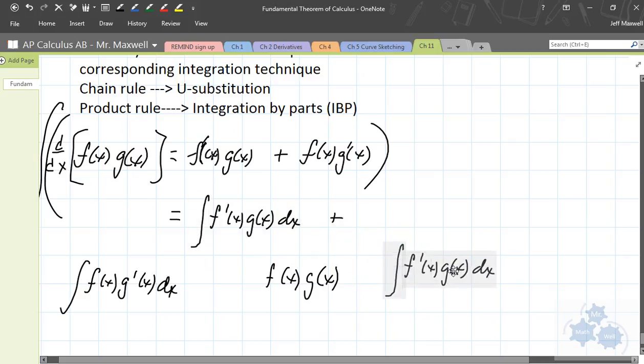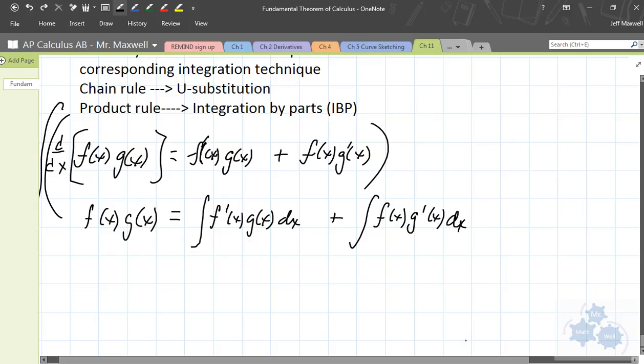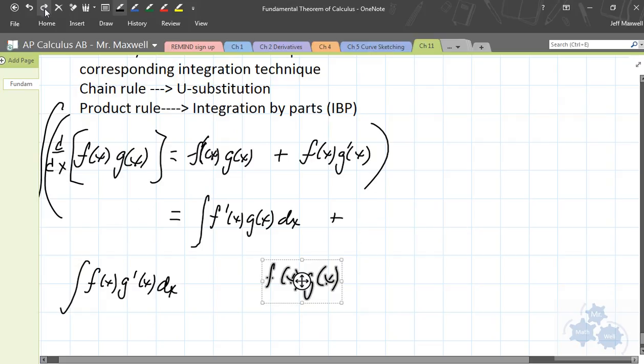This one I'm going to move over here because it's going to become negative. I'm sorry if this was a little bit confusing, but I'm just rearranging my original equation. Okay, so let's go back and see that. I'm pulling this over, and here we go. I'm just going to rewrite this.